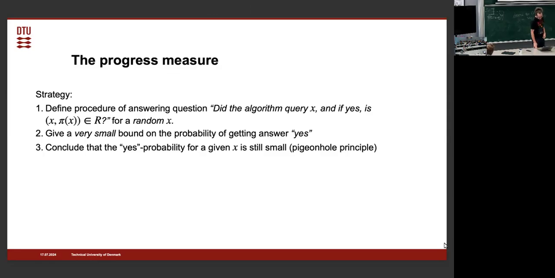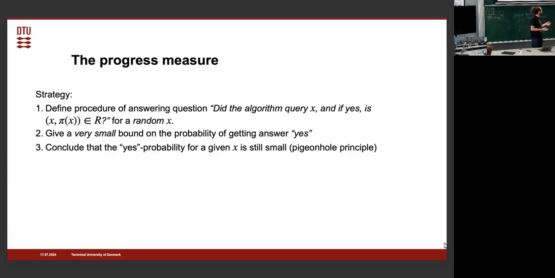So now we use this as a progress measure and try to give an extremely small bound on the probability that the answer will be yes. And in the end, we conclude that if that extremely small bound holds, then for a given x, there still needs to be a reasonably small bound that holds, right? Basically by this pigeonhole principle.